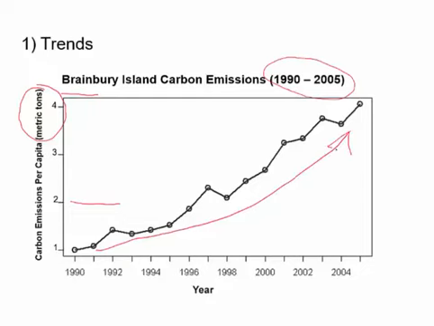The trend it shows is a rising trend over time. A trend is basically just the general direction something is moving. So in general, we can say that from 1990 to 2005, carbon emissions had an increasing trend. It was rising over that period. Now, there were some exceptions, right?